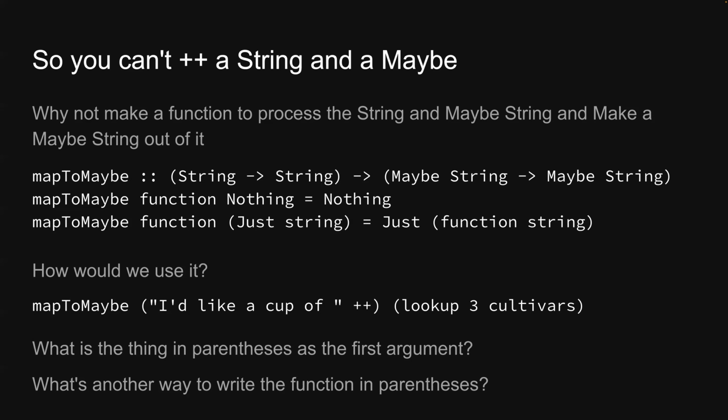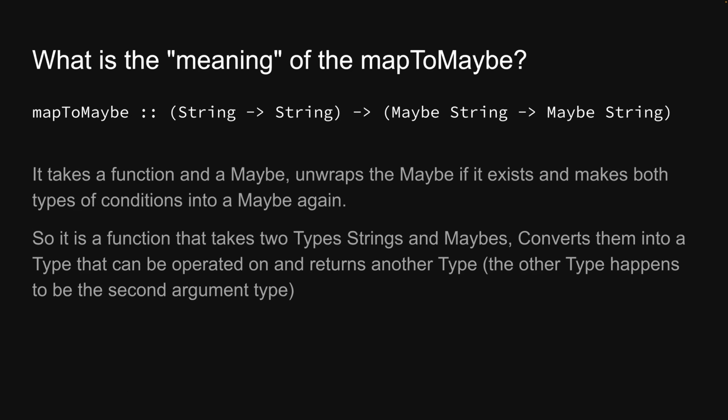All right. So what is the meaning of this map to maybe, right? It takes a function and a maybe, and then unwraps the maybe if it exists, and makes both types of conditions into a maybe again.